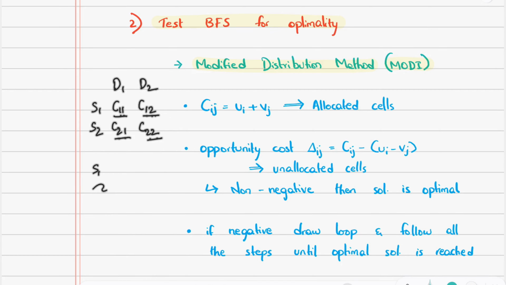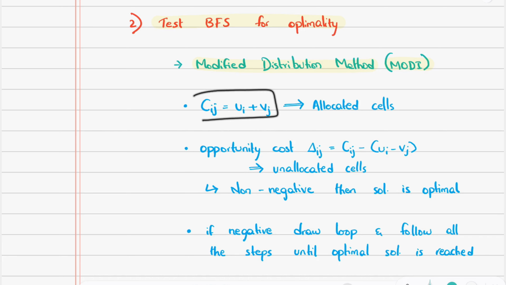Let's say S1, S2, D1, D2, 3, 5, 4, 2. This basically is the cost for C11. This basically is the cost for C12. You're getting my point, right? The costs were already known to us. i and j are nothing but the positions.